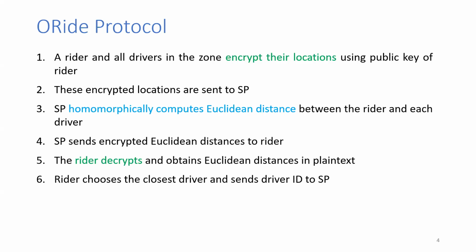These encrypted locations are sent to the SP, who then homomorphically computes the Euclidean distance between the rider and all the drivers. The SP then sends these Euclidean distances to the rider. The rider then decrypts these using her secret key and obtains the Euclidean distances in clear. The rider then chooses the closest driver with the least Euclidean distance and sends the anonymous identity of the driver to the SP, and then they proceed with ride matching.